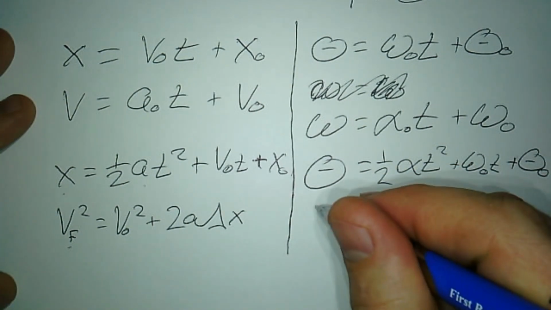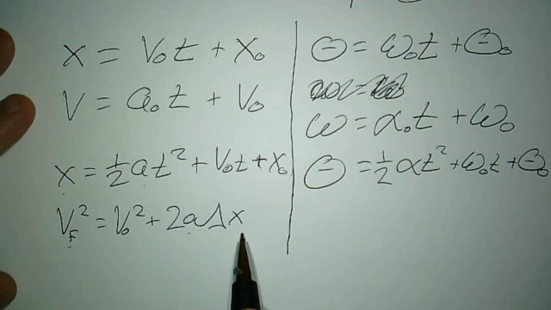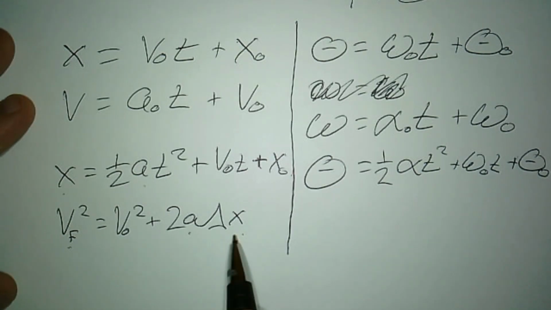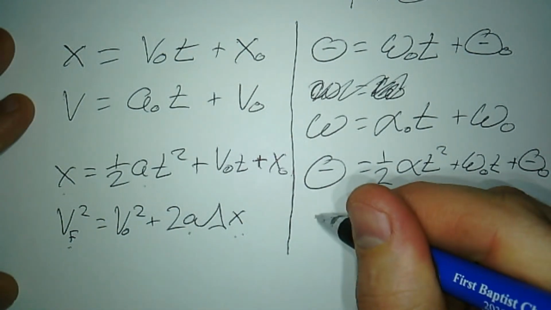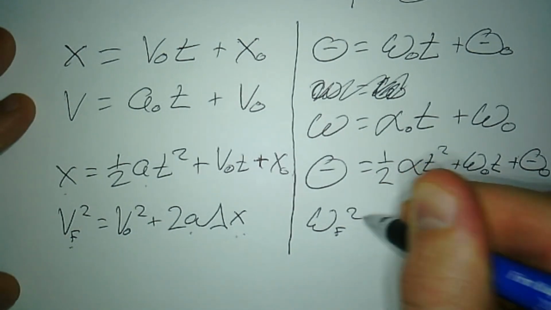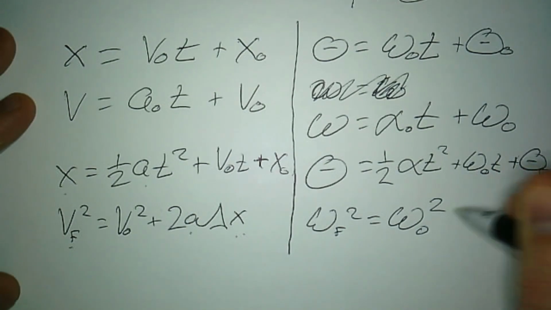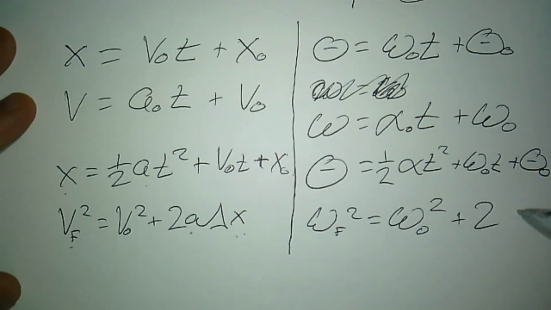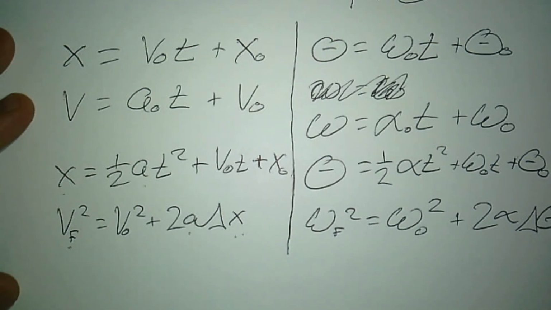So I have to divide both sides by r squared, which works out because I'm going to divide this one by r and this one by r. So I can convert this to alpha and this to theta. So we're going to get omega final squared is equal to omega initial squared plus 2 alpha delta theta.